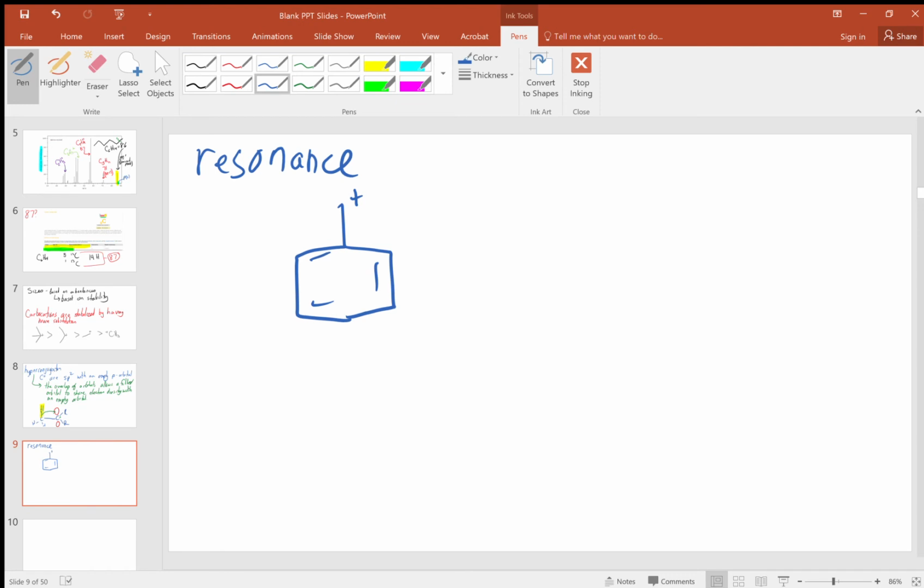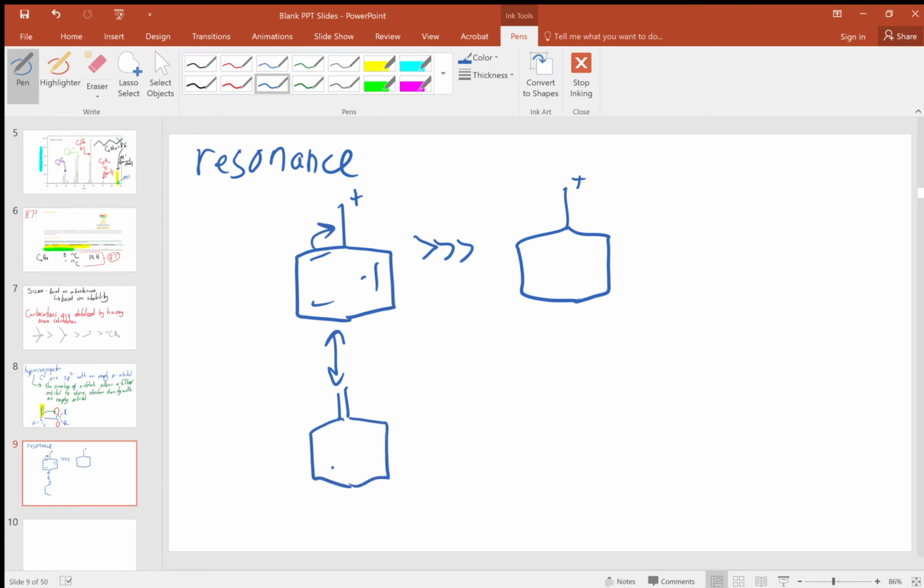So if you had a cation next to an aromatic ring, compared to one that's just next to one that's not aromatic, our molecule here on the left is going to be able to, through resonance, share that positive charge. And we've talked about a number of times in this course that the ability to share a charge always makes it more stable.